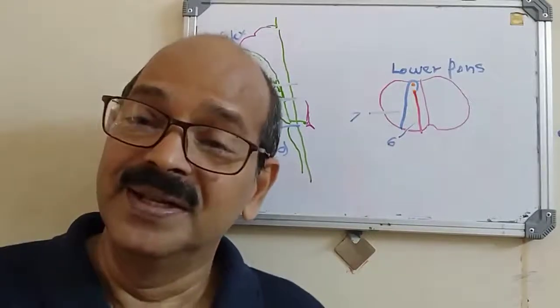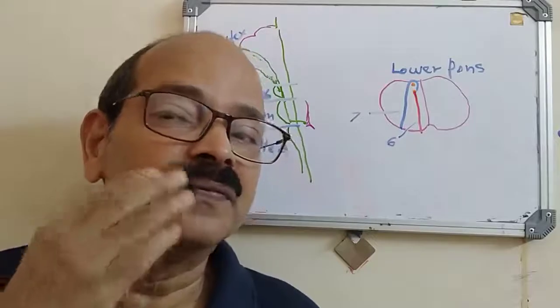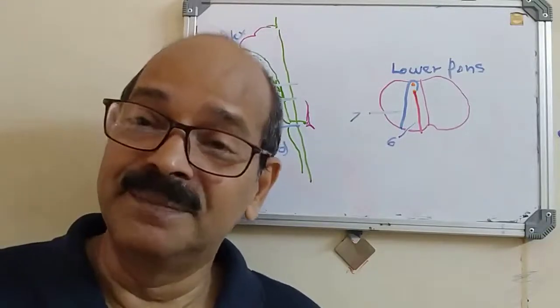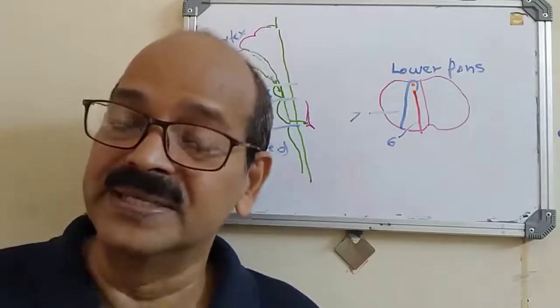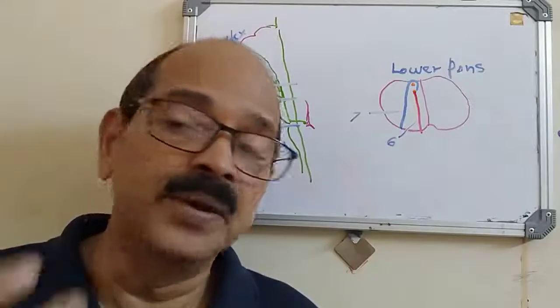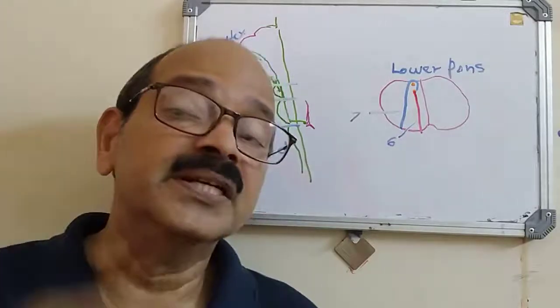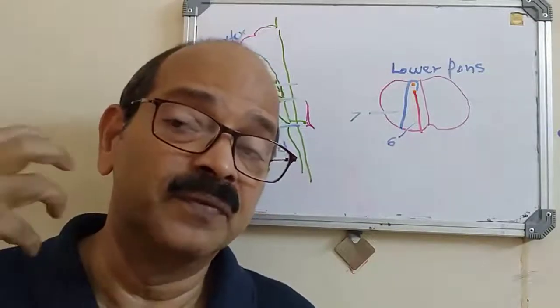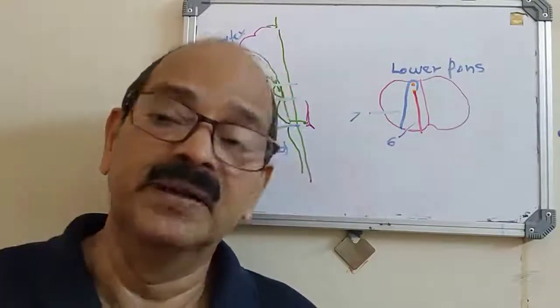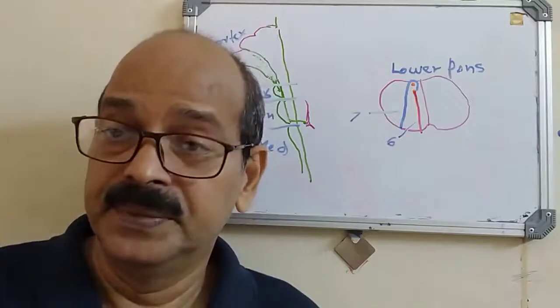It is due to absence of the depressor anguli oris muscle. That may be mistaken for a facial palsy in the newborn baby. Real facial palsy can occur in the newborn baby due to a lot of birth injuries. When forceps are applied, there can be an injury somewhere here and you can get a facial palsy. It's not that rare.